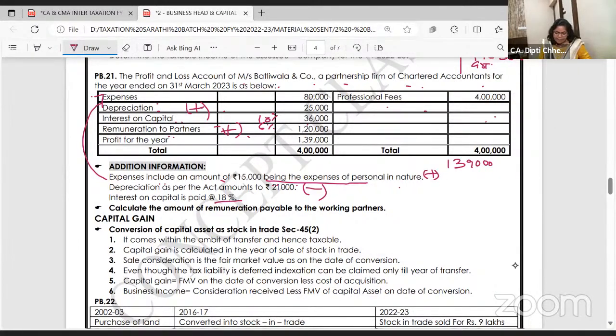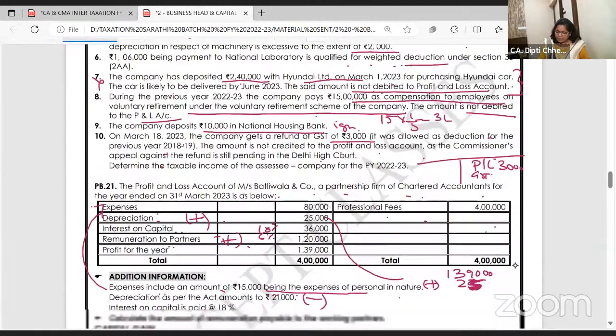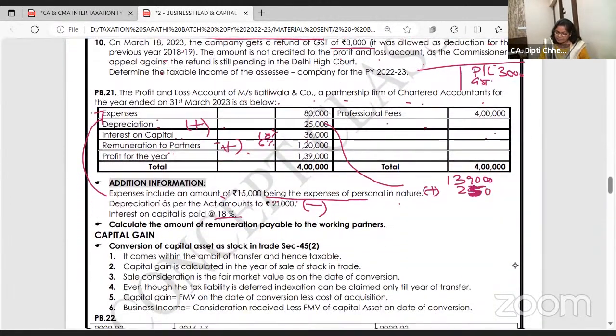Add back depreciation as per books, 25,000.